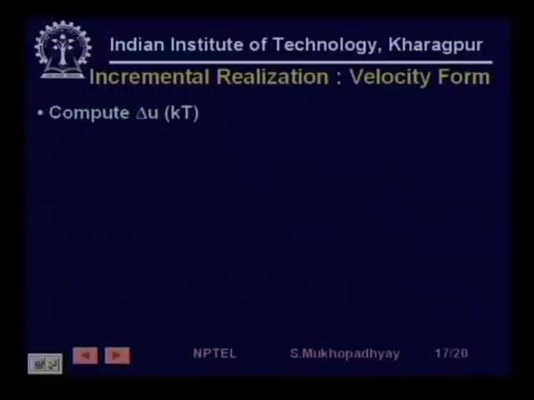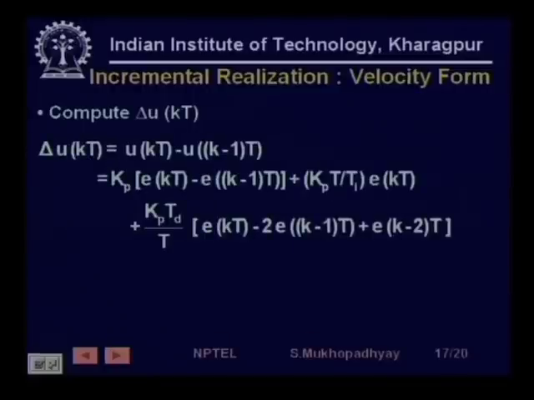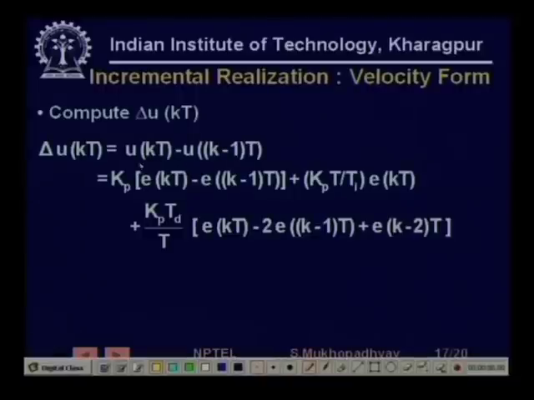In the velocity form, we need to compute delta u(kT). Delta u(kT) is very simply computed. It is nothing but u(kT) minus u((k minus 1)T).